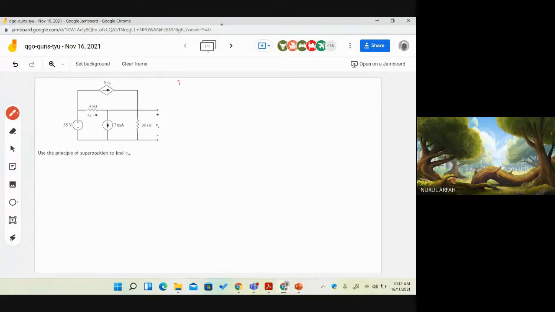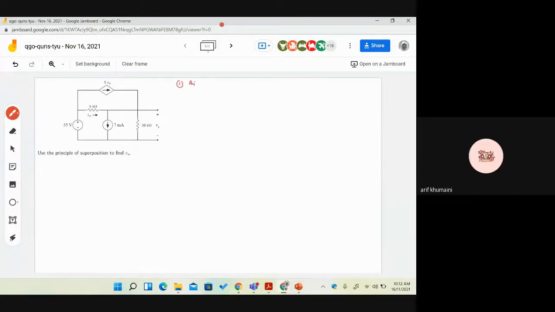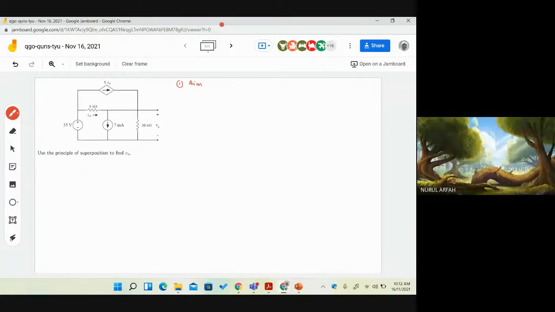Three or two? How many steps? Our aim is V0, right? So how do you want to look at this? You look at the independent source or dependent source, or both?